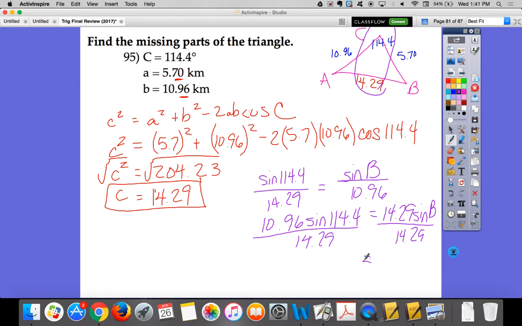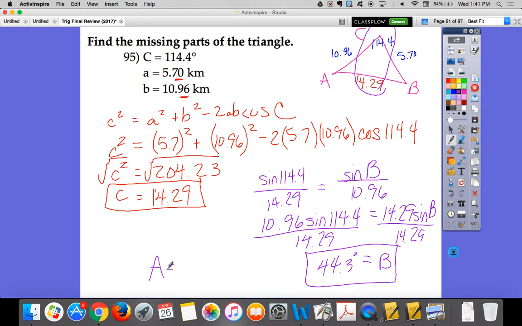So you've got 10.96 sine 114.4, enter, divided by 14.29, enter. And then remember that sine of your angle, you have to do inverse sine. So B happens to be 44.3 degrees.